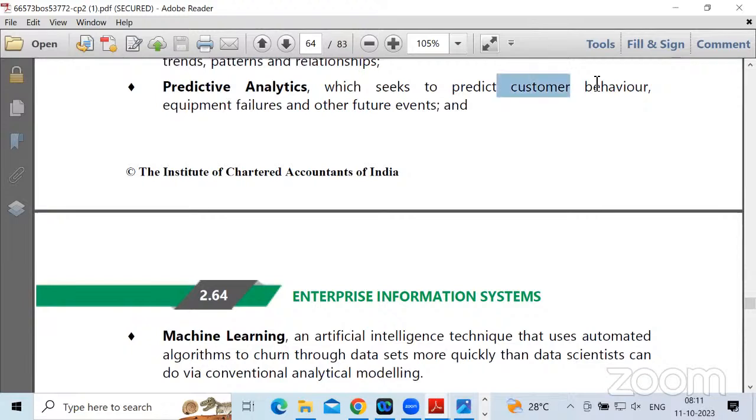Predictive analysis: customer behavior, equipment failure, and other future events. You'll be able to predict the customer behavior. So during the Corona time, the customer behavior completely varied.